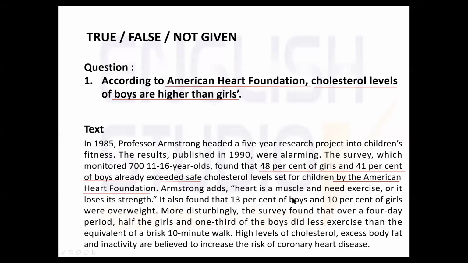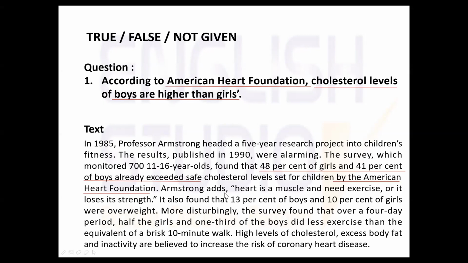Here we can't get any information explaining whether the cholesterol level of boys is higher than girls. We are only given 48% of girls and 41% of boys already exceed safe cholesterol levels.